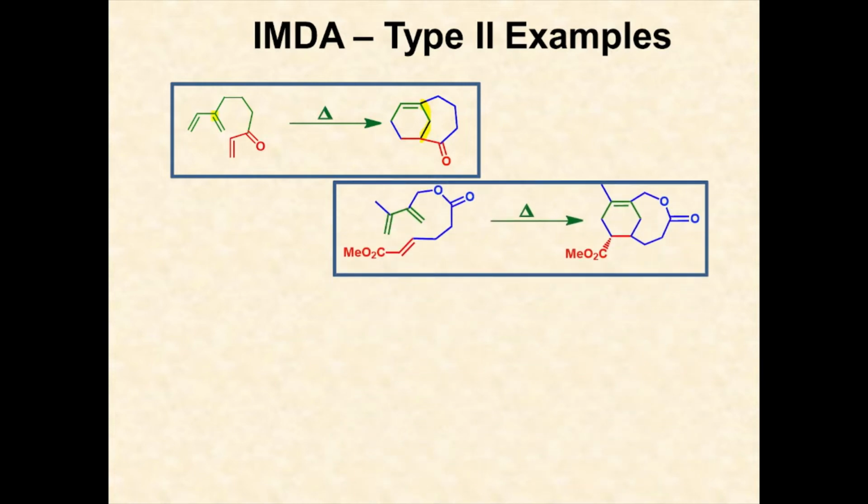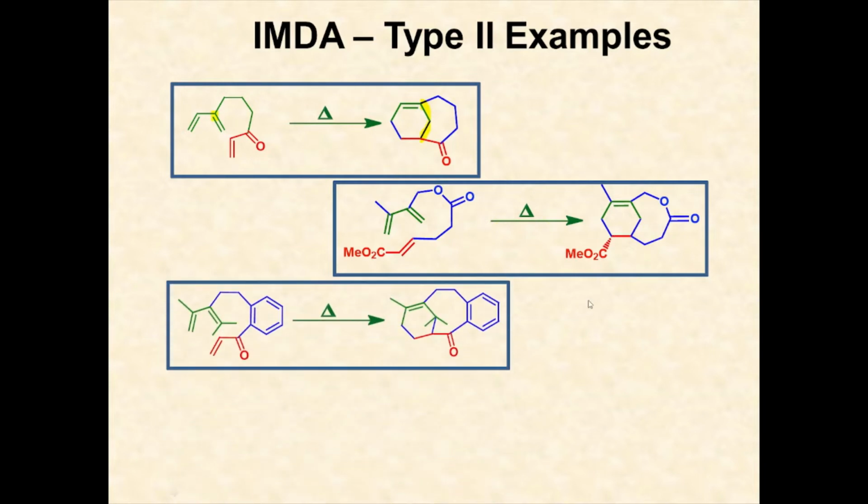So here are several examples where you can see, according to the molecular design, to get the desired product, it can be arranged in such a way where the dienophile and diene are oriented in the form of intramolecular Diels-Alder reaction of type 2 category, and upon heating that can eventually end up with the product formation.